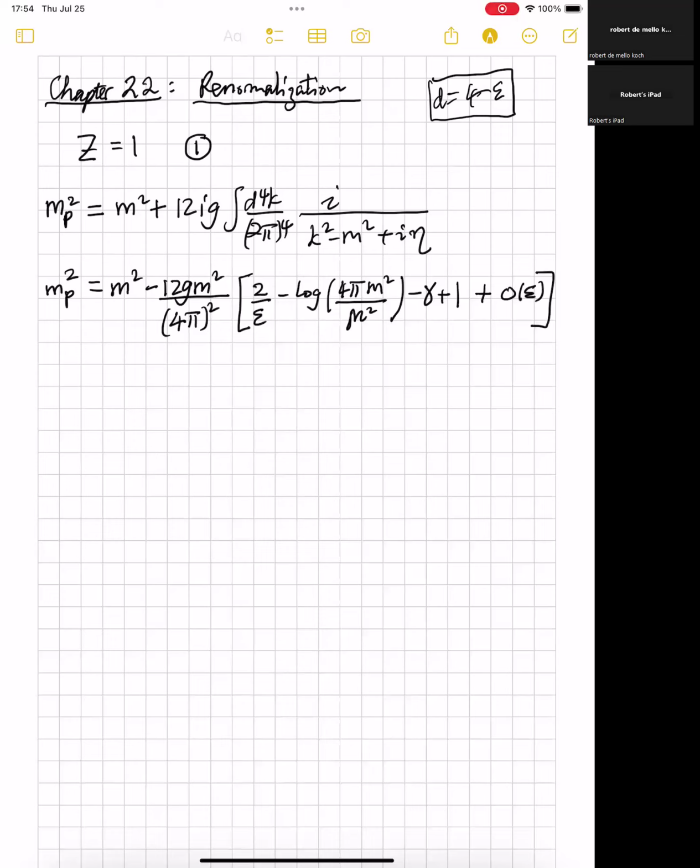I just wanted to indicate that there is order epsilon. We really don't have to care about those order epsilon terms, but let's not forget that they're there. We'll call this equation 2. So this is our second matching condition.